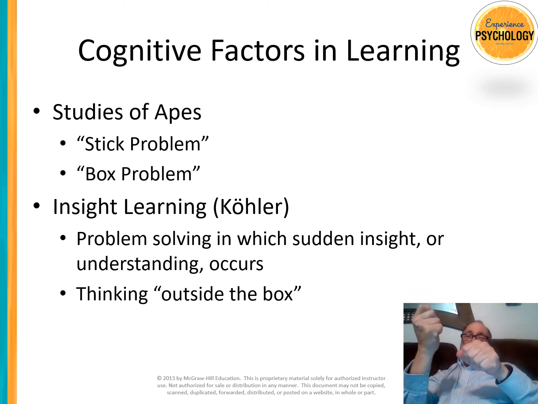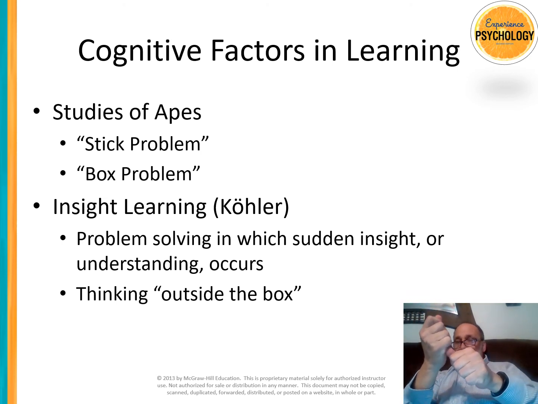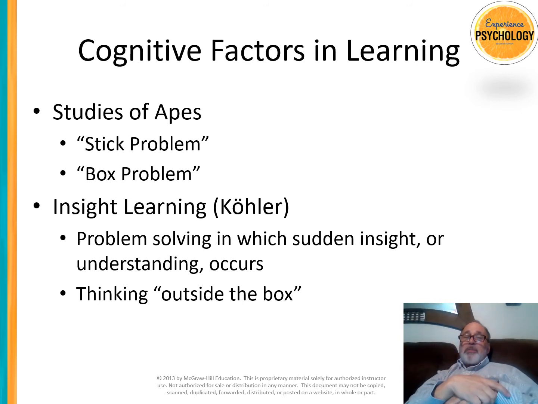Eventually, what the apes figured out was if they put the two sticks together, that they fit together, then they could knock the bananas down. So they solved the problem through insight learning. These are problems in which a sudden insight, aha moment, or understanding occurs. This is thinking outside the box.